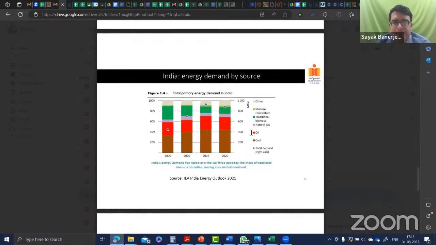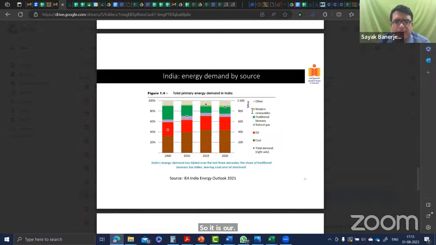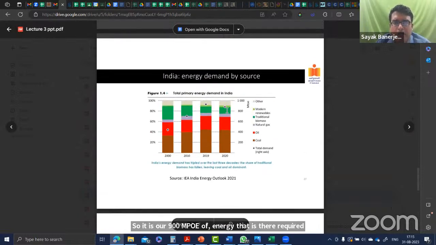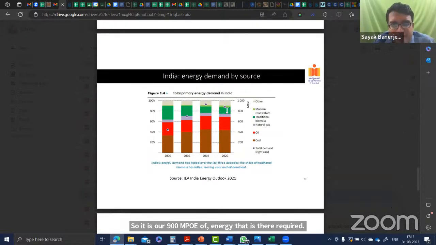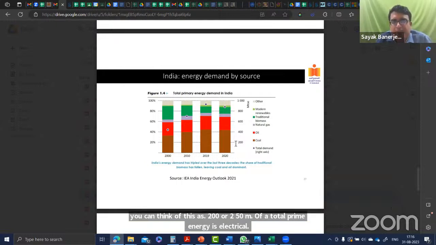Here it gives the total primary energy. Electricity will be lower than that, but let's use that figure for now, just a rough estimate. It is around 900 MTOE of energy required, out of which not all of it is electricity, of course. So maybe 1/3 or something will be electricity. So you can think of 200 or 250 MTOE of total primary energy being electrical. That is a significant amount of electrical energy.